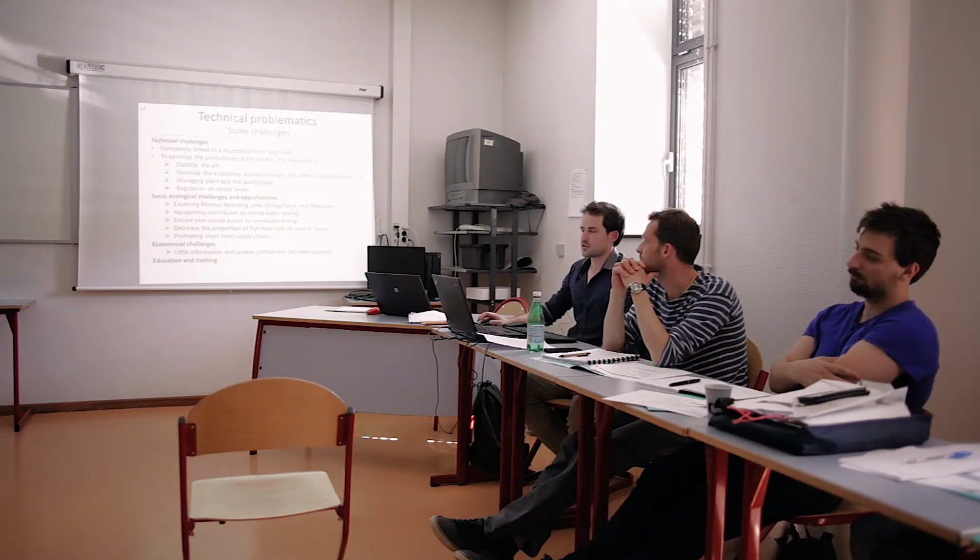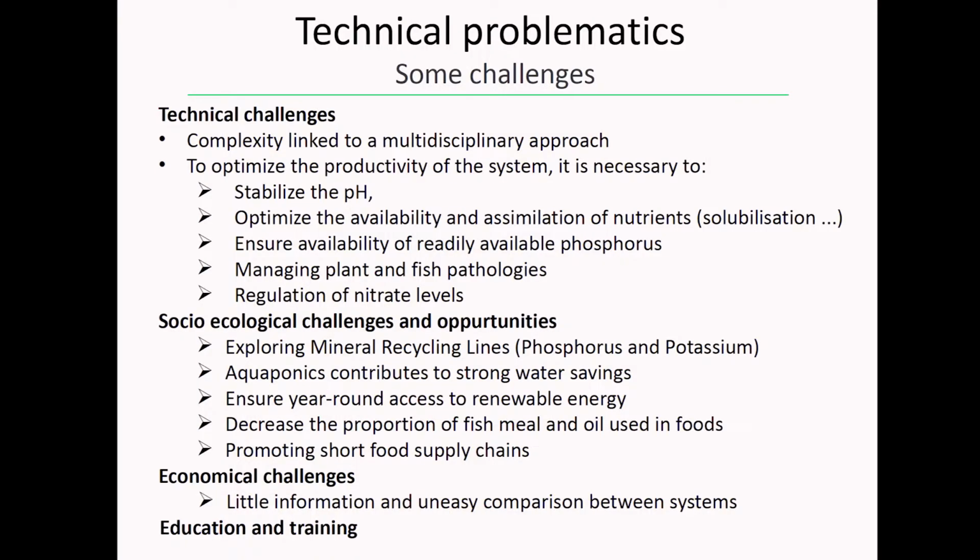So now some challenges about aquaponics. The technical challenge first, it's a multidisciplinary approach. So this is kind of complex. It's necessary to stabilize your system in order to optimize the productivity.